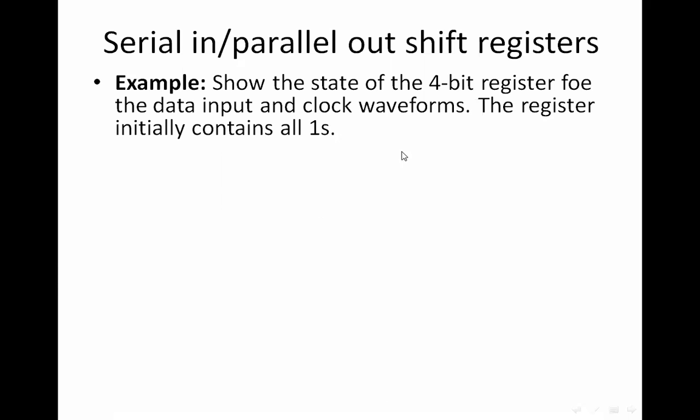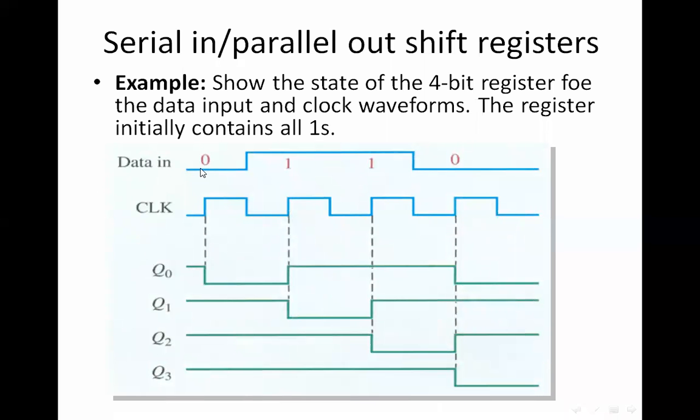If I give you a question like this, you should be able to take any 4-bit data and show it in the form of waveforms and clock. Here, for example, I am just taking 0, 1, 1, 0. Clock is taken high, low, high, low, high, low, high, low. So all the clock pulses are taken. At every positive edge of the clock, I make my markings.